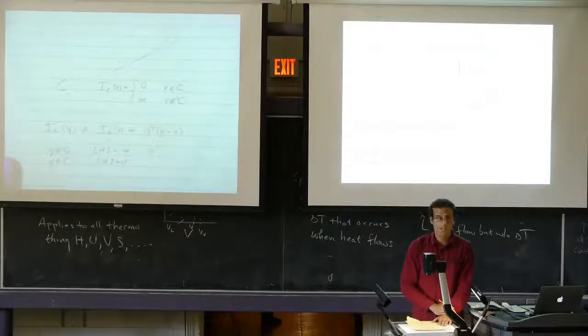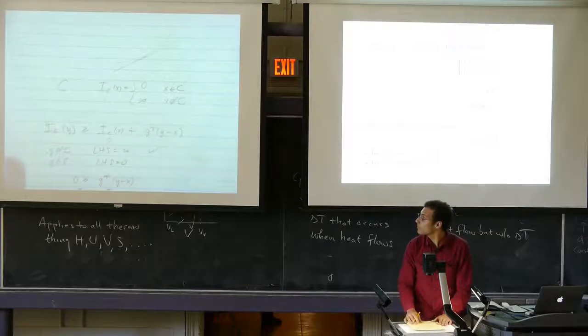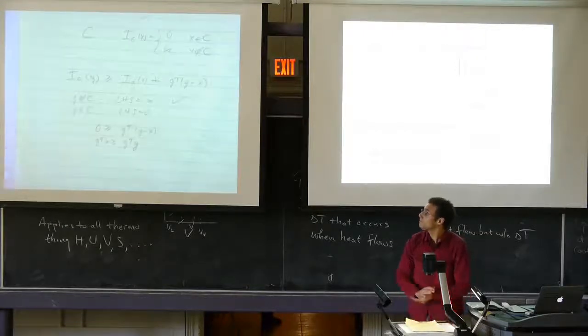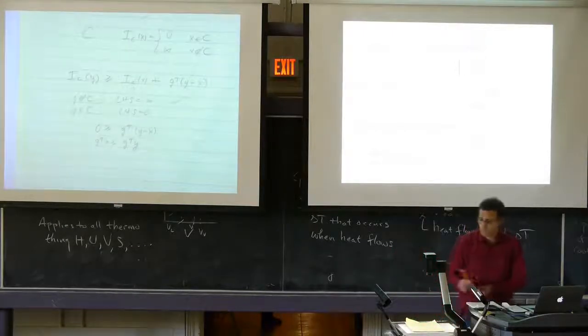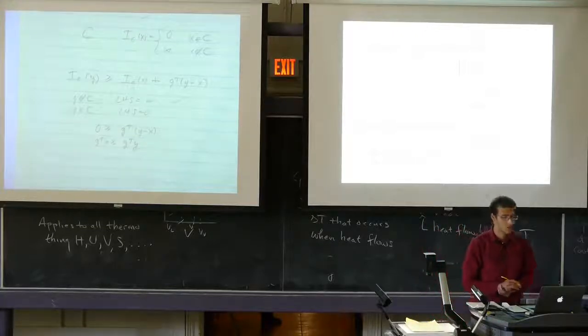So subgradients are points for which 0 is bigger than or equal to g transpose (y minus x). Or in other words, g transpose x is bigger than or equal to g transpose y. Okay, so there are exactly those g's that satisfy this. The set of those g's is just called the normal cone.